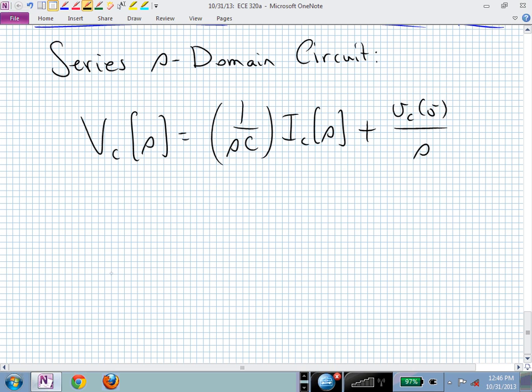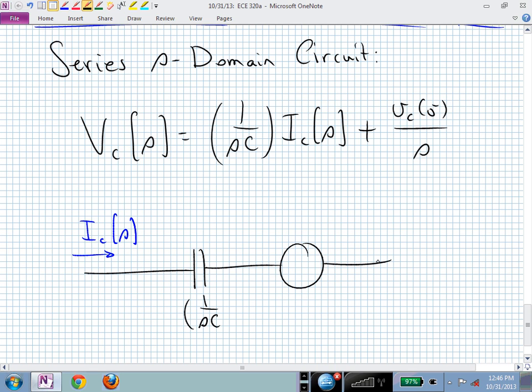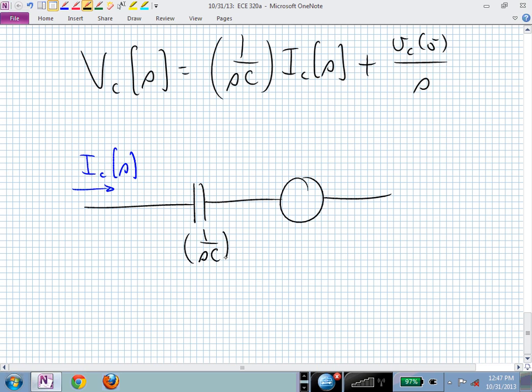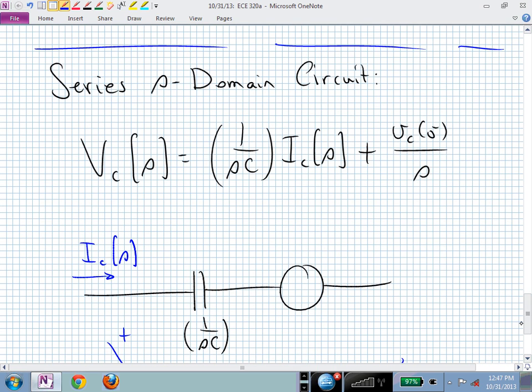Now I have my capacitor and its impedance. I have the current of the capacitor, and then I have a voltage source consistent with this expression.